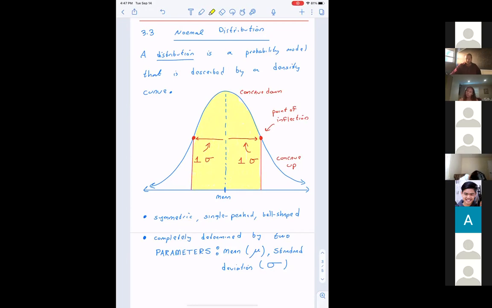How much of the total area under the curve is yellowed in this graph? Now, if you already know the answer to this, don't say it, because then you're just saying something that you've seen before. But if you legitimately have never seen this before, take a guess as to what percentage of the total area falls 1 deviation from the mean in either direction.